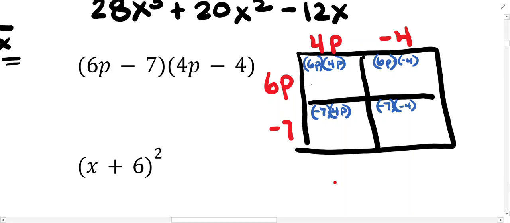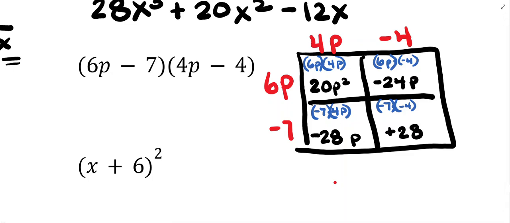So 6p times 4p is going to be 20p squared. 6p times negative 4 is going to be negative 24p. Negative 7 times 4p is going to be negative 28p. And negative 7 times negative 4 is going to be positive 28.